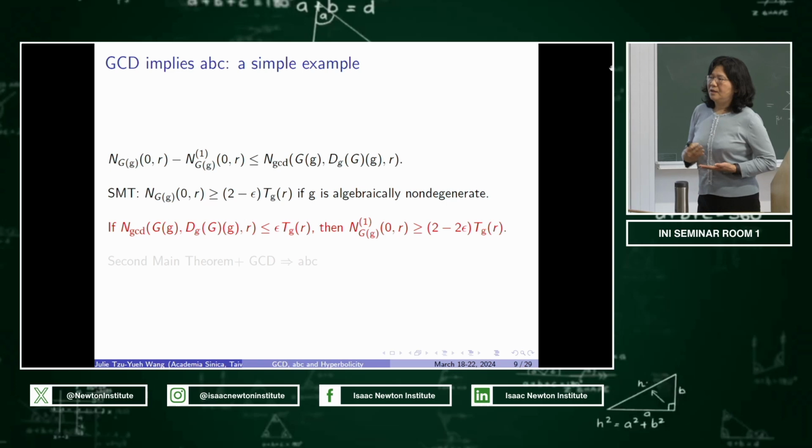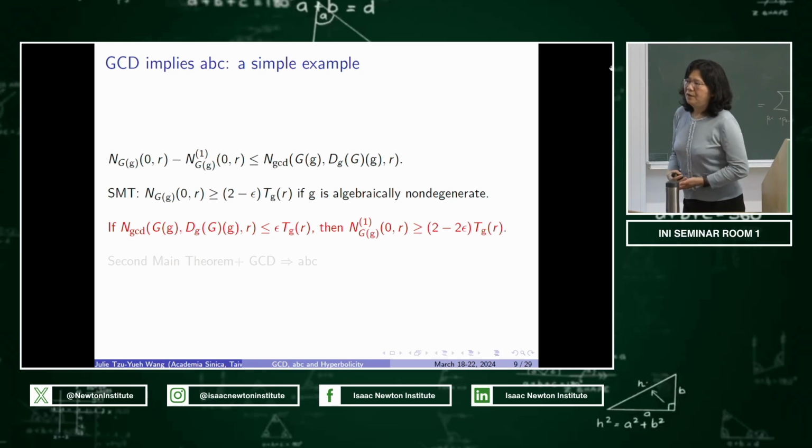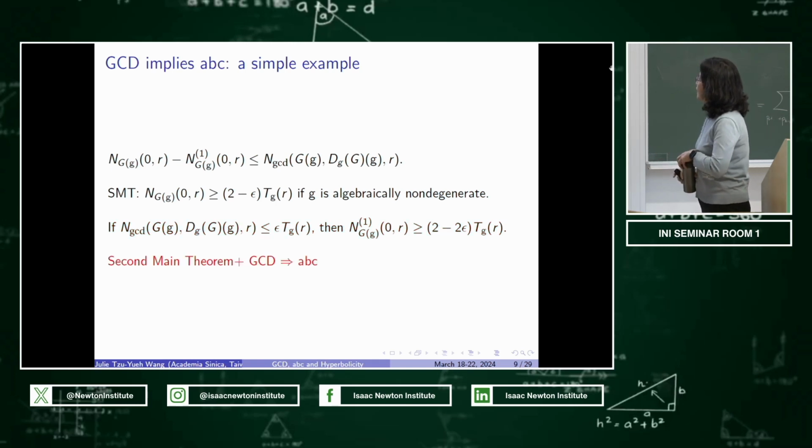This is what we call the general ABC theorem, but in this case, we already assumed the 3 units. So in other words, second main theorem plus GCD would imply ABC. Any questions so far?